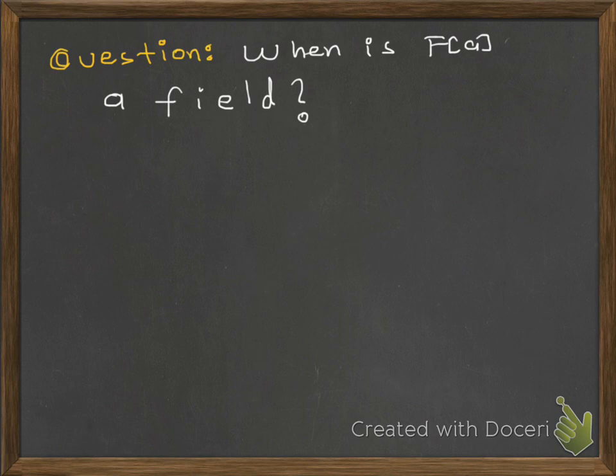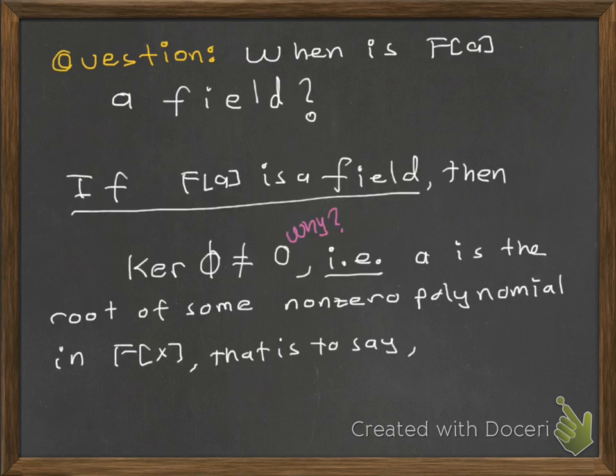To find it out, at least to characterize this situation, we start out by assuming it is a field and maybe hope to get some necessary conditions, expecting at some point them to build up to a body of sufficient conditions as well. So you start out assuming it's a field.